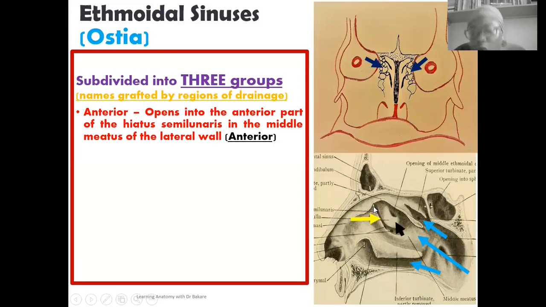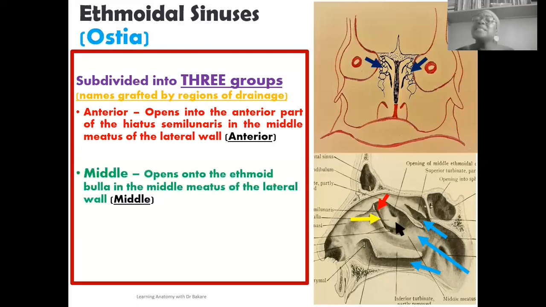Of course, also within this frontal part, we have the opening of the anterior ethmoidal sinus. So this is where we have the opening of the anterior ethmoidal sinus. Also, this specific region is where we have the opening of the frontal sinus. So you can see that the anterior ethmoidal sinus is seen to open into the anterior part of the lateral wall of the nasal cavity.